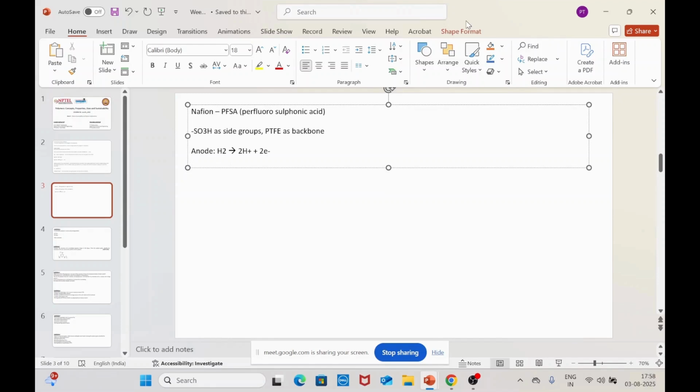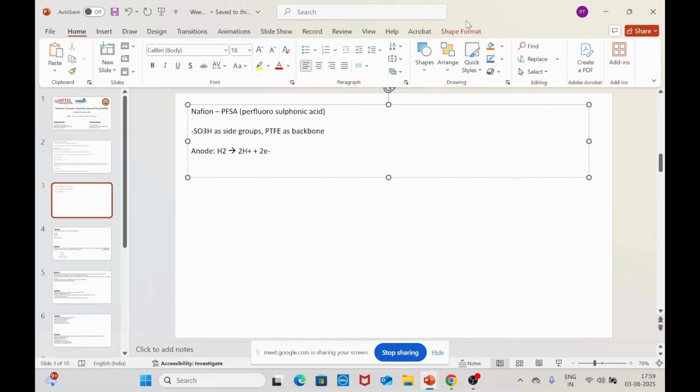So this H2 gas is going to be oxidized to form H plus ions and give out electrons. These H plus ions that get generated at the anode side basically go and start interacting with the SO3H group of the membrane.